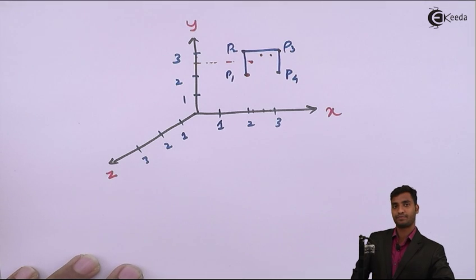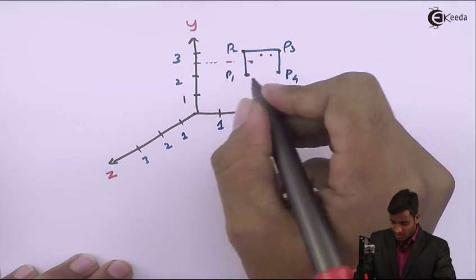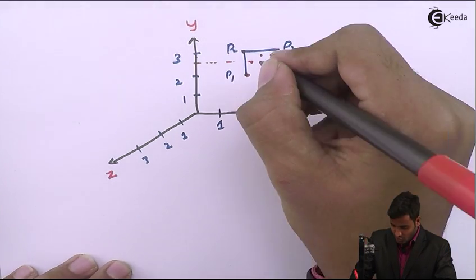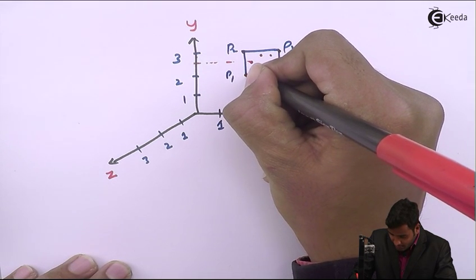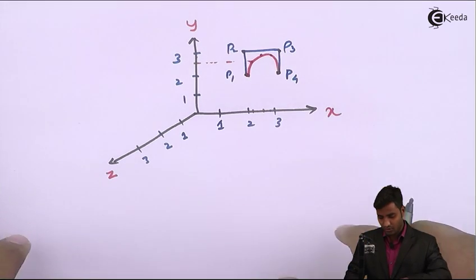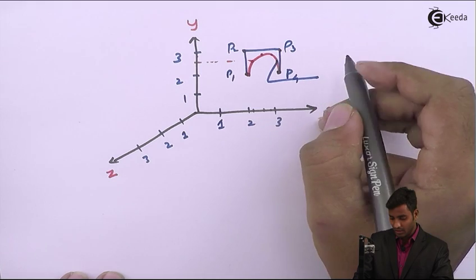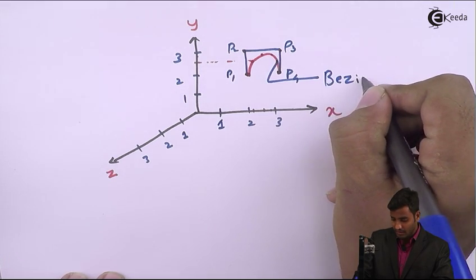And last, for u equal to 1, the value of x is 3 and the value of y is 2. So it is here. So now I will join all these points so that I will get the Bezier curve. So this curve is called the Bezier curve.